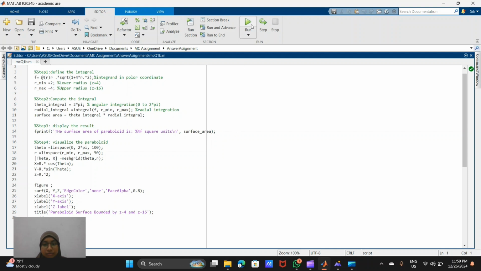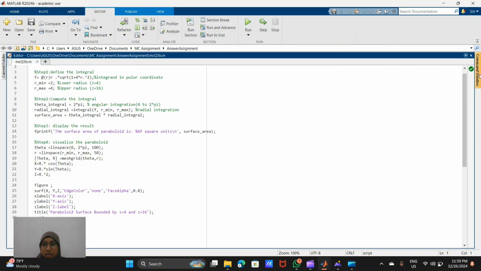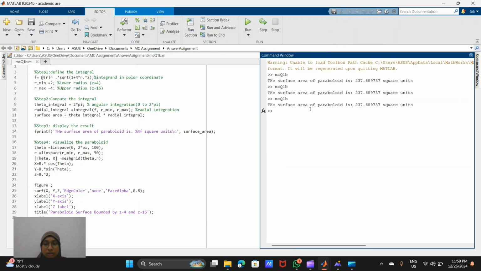If we run, we get the paraboloid, the surface area of the paraboloid z equal to 4 and z equal to 16. But I forgot to show you the answer for the coding. So we get 237.69689737 square unit. So it is the same as the answer in the manual calculation. I think that's all from me, and thank you.